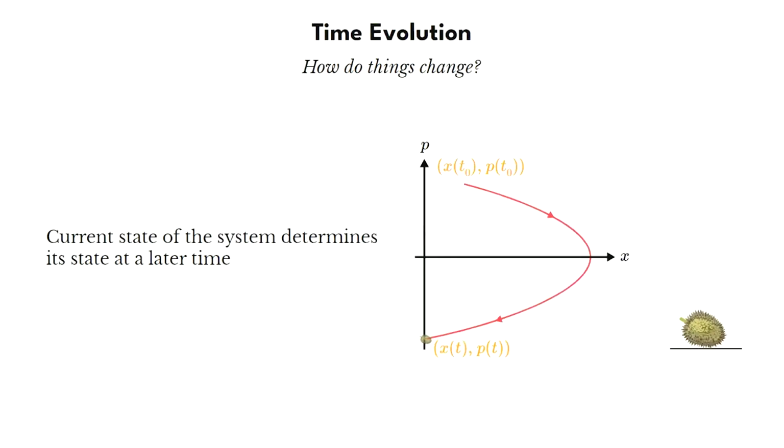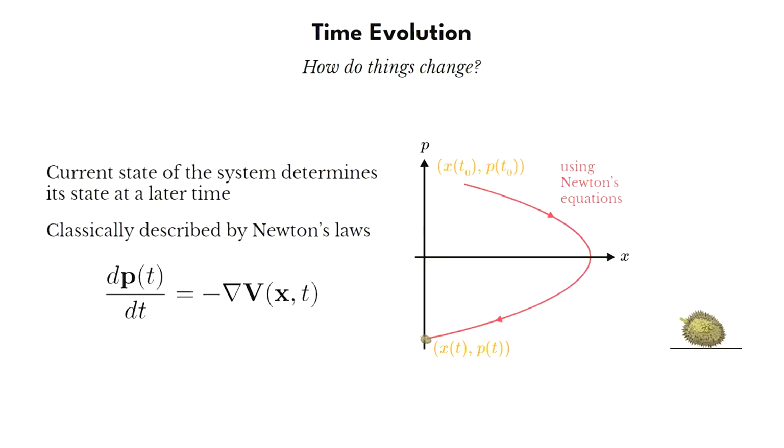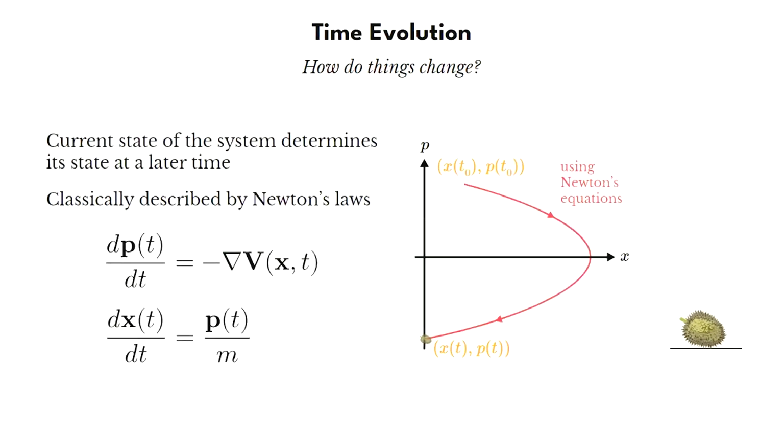And then, as you know from high school physics, it can be described by Newton's laws, Newton's equations. When you solve the Newton equations, it will give you the values of x and p at different times. And with this, you can predict how the classical object evolves through time.